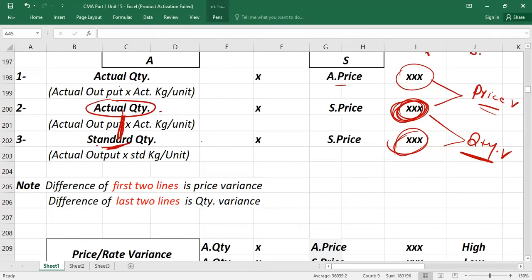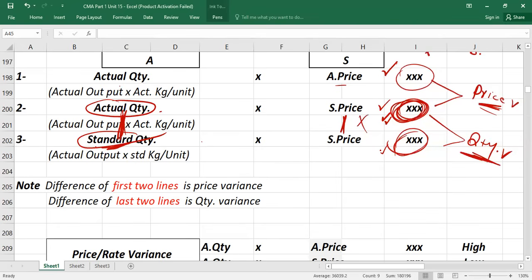Yes, here we are taking actual quantity and here standard quantity. But is there any change in price? No. That's why it's called quantity variance. So comparing the first two lines is price variance, and comparing the second and third lines is quantity variance.